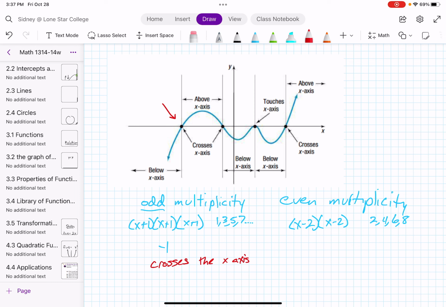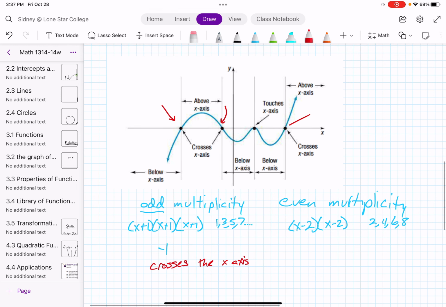It happened an odd multiplicity of times. This one happens an odd multiplicity of times. This one over here happens an odd multiplicity of times. But this one right here has an even multiplicity. It for sure touches the x-axis. It just touches. It doesn't cross. And we sometimes call this a bounce. It bounces off the x-axis.